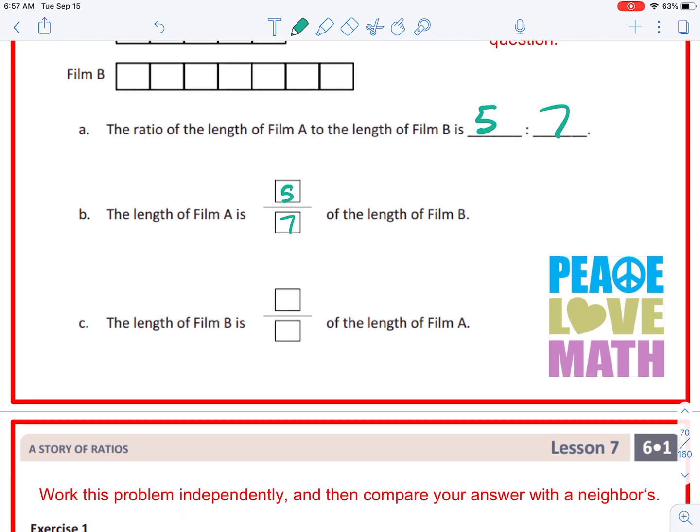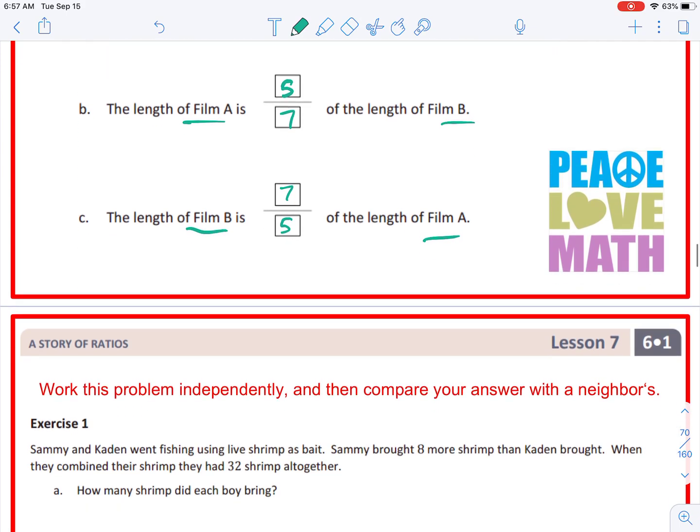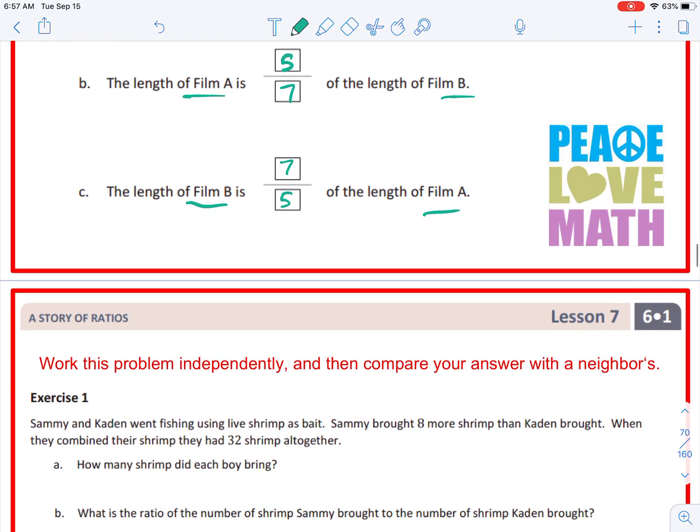So the length of film B, now they switch the order. Pay attention to that. So now we're going to have 7/5 of the length of film A. All right, remember, guys, order matters, especially when we're dealing with fractions. 5/7 isn't the same as 7/5.